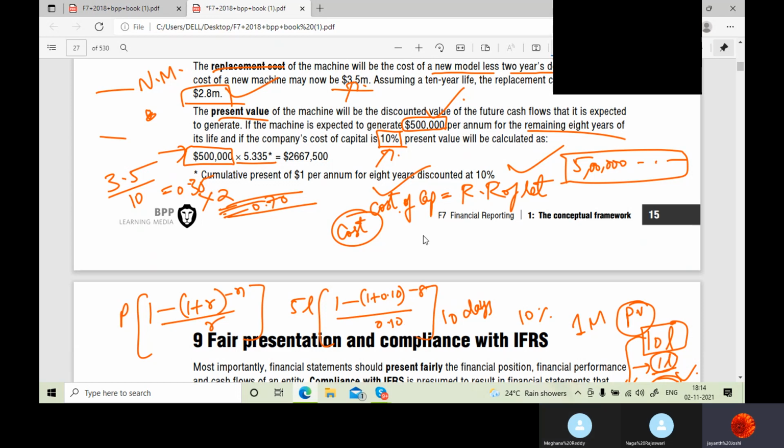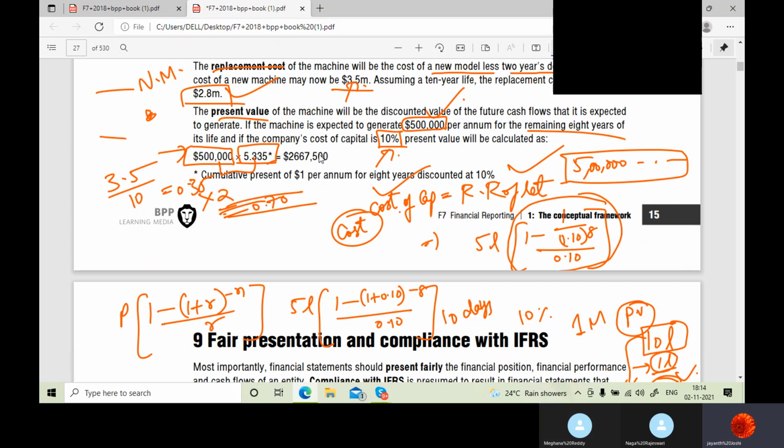Or 5 lakhs into 1 minus 1 by 1.10 whole power 8, divided by 0.10. When you find out this complete thing, you will get 5.335.